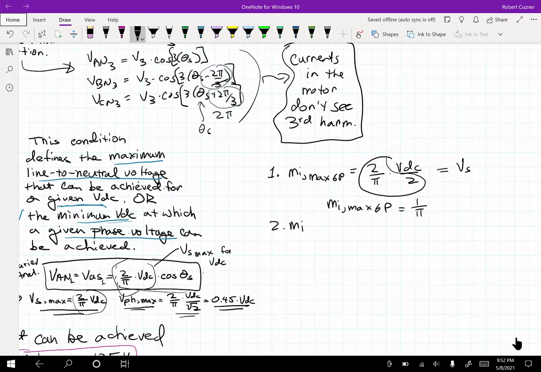The second one is we could have MI max, and we're actually using zero sequence PWM. And that ends up being 1.15 times VDC over 2 as the value.